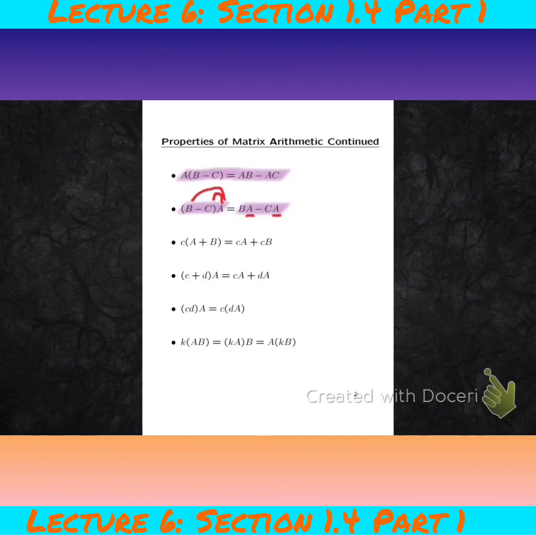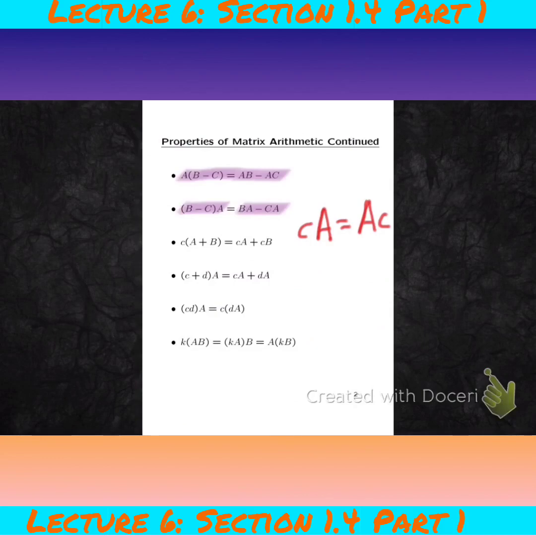Then we have the next one, which is a scalar multiple distributed over the sum. Now, when you multiply a matrix with a scalar, it doesn't matter whether you multiply a scalar with a matrix from the left or on the right-hand side. Because remember how we defined scalar multiplication of matrices?